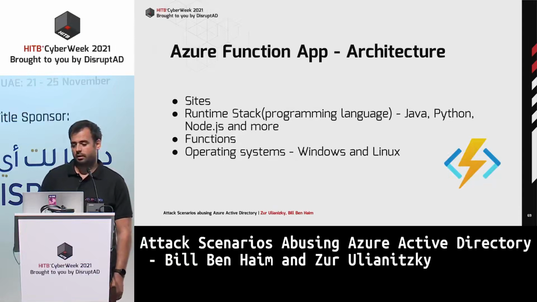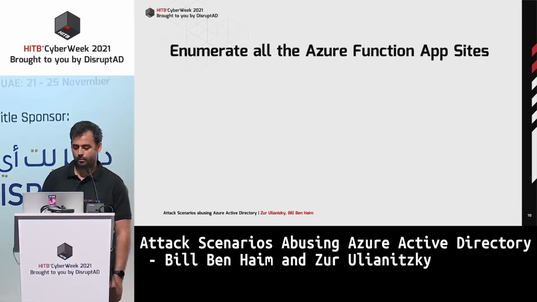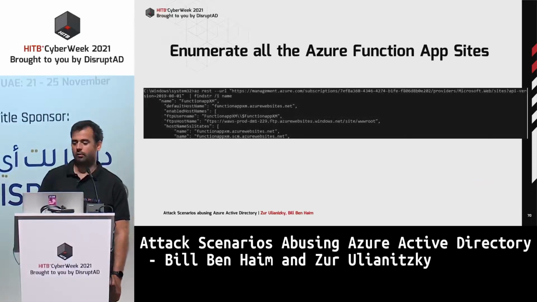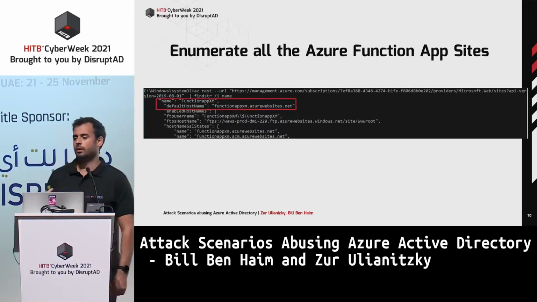Every site can work on both the operating systems Windows and Linux. Okay, so the attacker needs to now find a potential function app within the subscription and discovers the function app XM site.